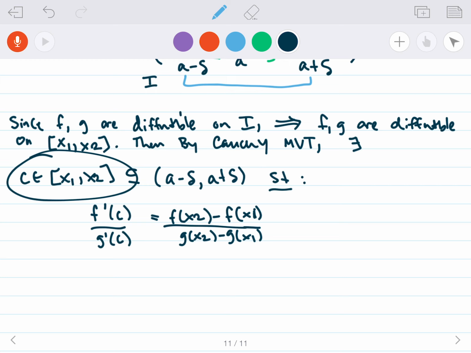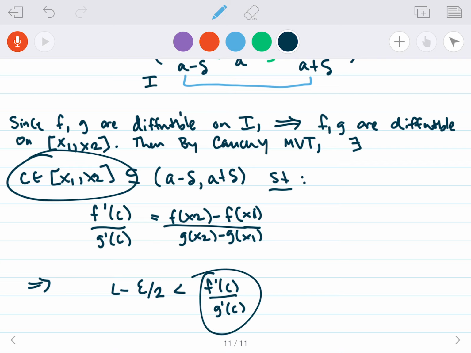Okay, so we have that f prime of c over g prime of c is going to be in this epsilon over 2 neighborhood, centered at the limit of f prime over g prime. Am I saying that right? Sorry.